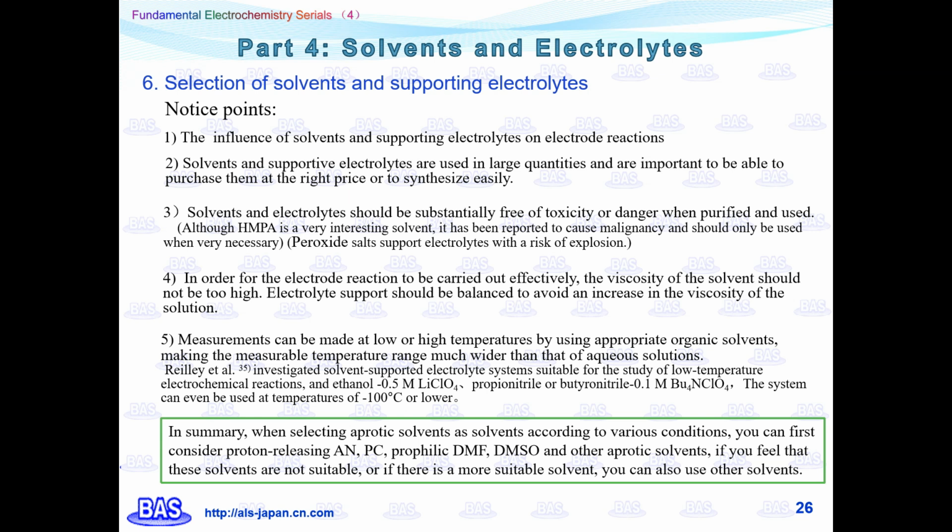Although we have focused on aprotic solvents in this lecture, protic solvents such as water and alcohol tend to give better results, and aqueous organic and organic solvent mixtures can be very useful in many cases. In particular, when mixed solvents are used, solvent properties can be obtained that are not available with a single solvent and in a wide variety. It is expected that the use of such mixed solvent systems will gain widespread interest.